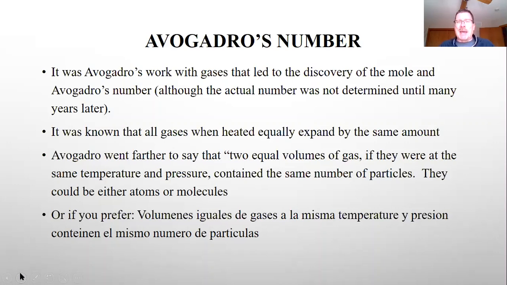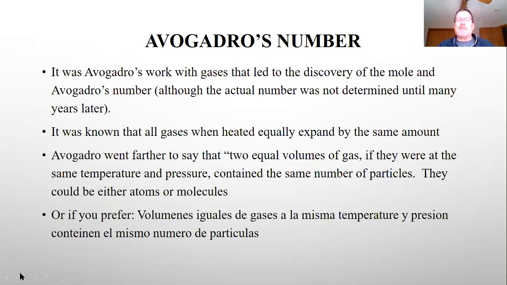That was the work that really led him to the mole, although it was many years later, 50-ish, I can't remember, years later that somebody actually came up with that 6.02 number. Anyhow, the point is it brought us the mole and really ushered in the age of chemistry being a physical science that you can predict.